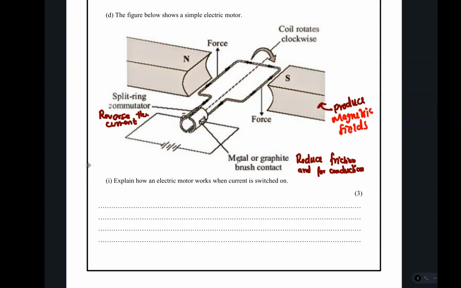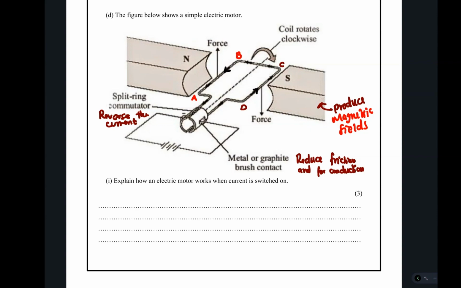So we need to try to talk about this, and I want to identify this coil A, B, C, and D. And you can see in one arm, current is moving up, on AB, current is moving towards us.